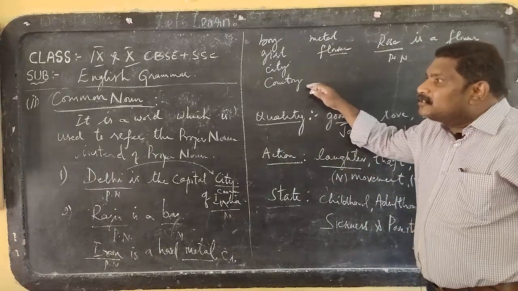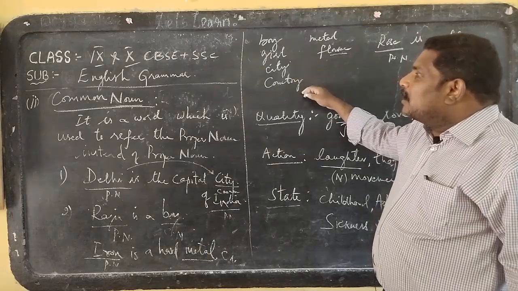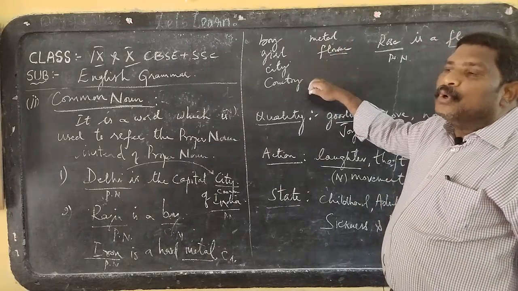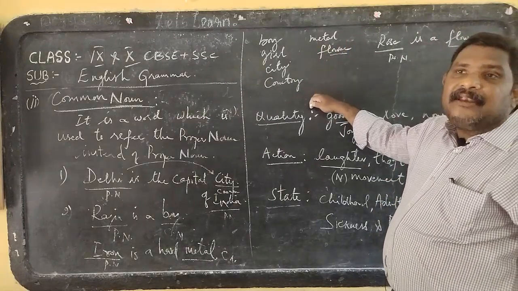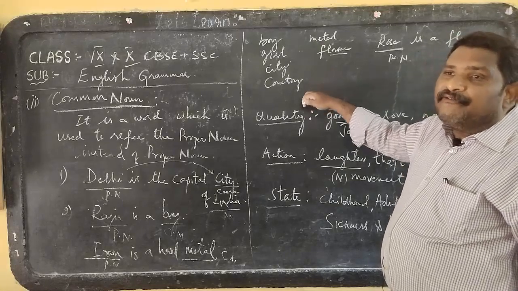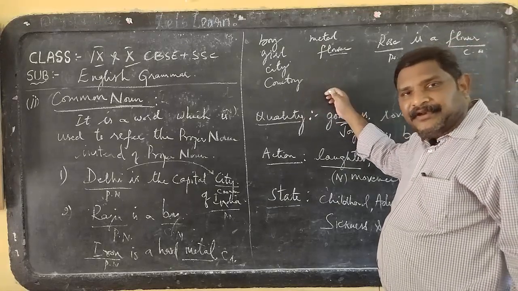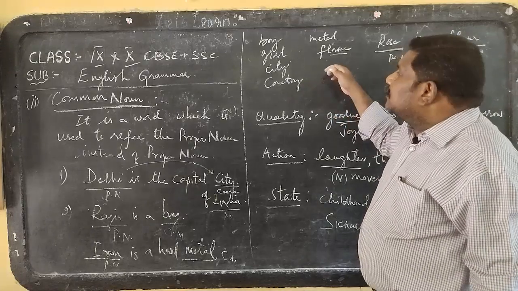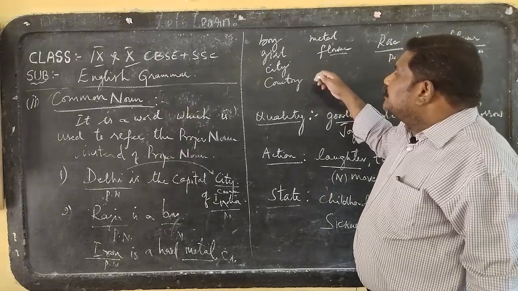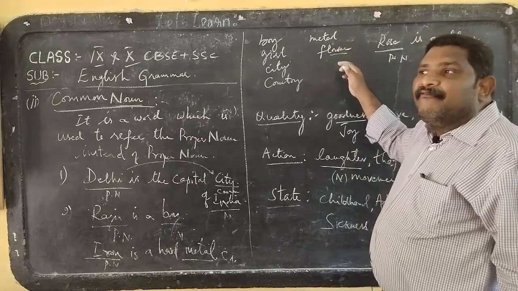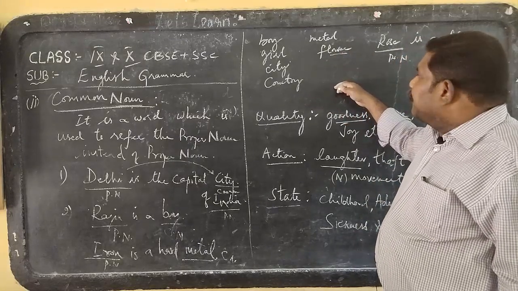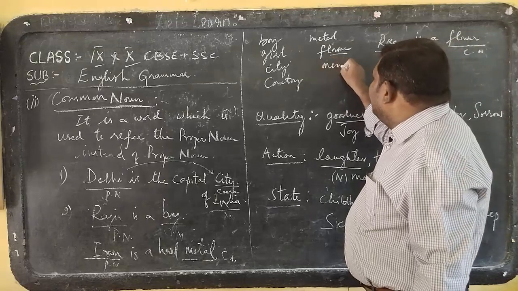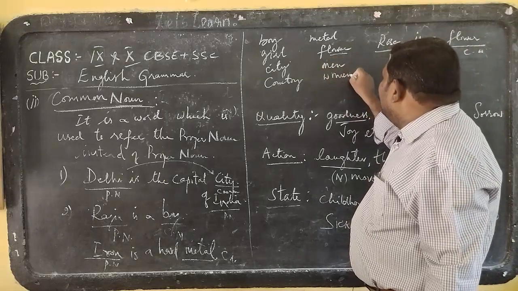So what exactly are common nouns? Common nouns are those words which can be used to refer to the proper nouns in general, in common. So boys, girl, city, country, metal, flowers, then for example, men, women.